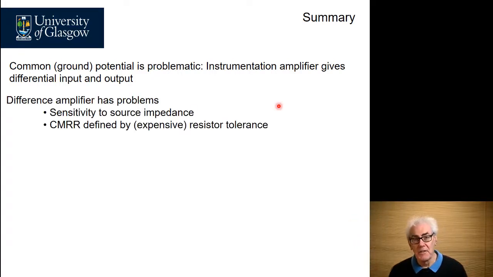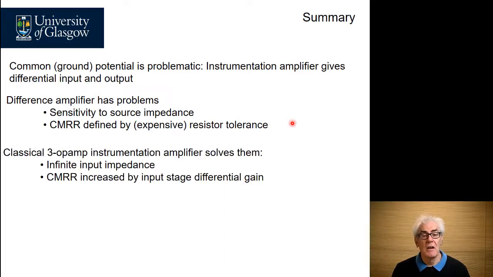The classic difference amplifier has problems because it is sensitive to source impedance, and also it's very difficult to get high quality matching resistors. But using the instrumentation amplifier, by using 2 additional amplifiers at the input, we end up with very high input impedance, and we can increase the common mode rejection ratio by the differential gain of the input stage.